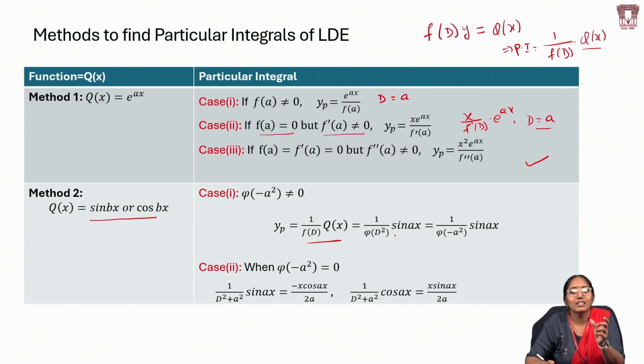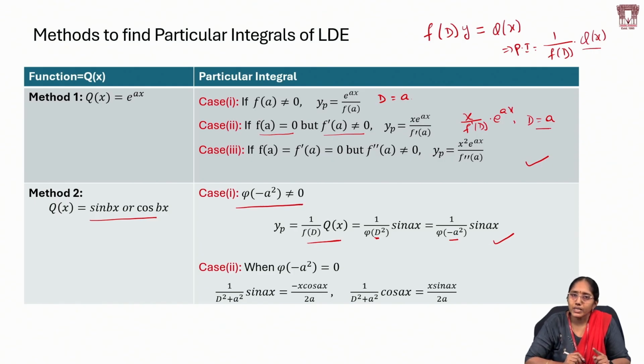It means that f of D is an algebraic polynomial in terms of the differential operator D. It may have constants, and terms of D square, D cube, or like that. Wherever D square is there, D square is replaced with minus a square. And this is applicable only when phi of minus a square is not equal to 0.